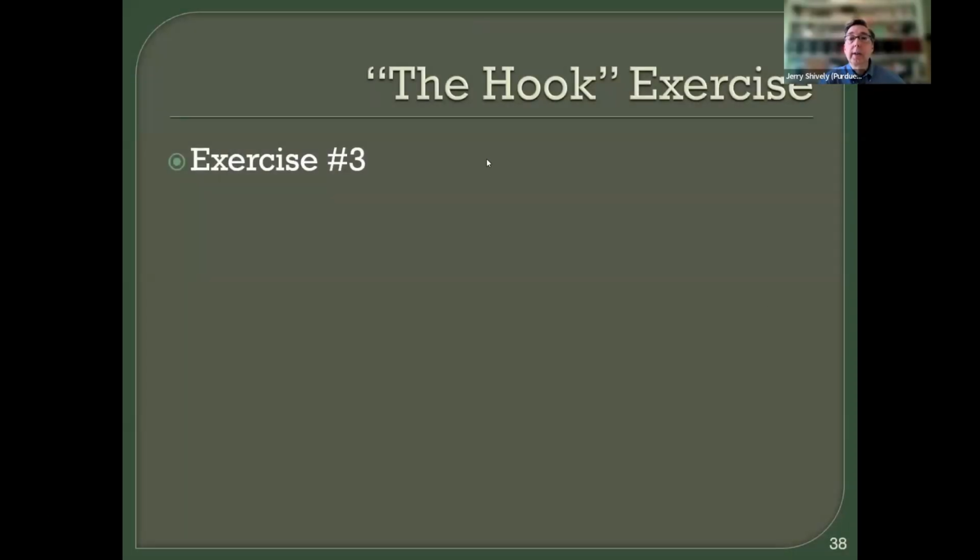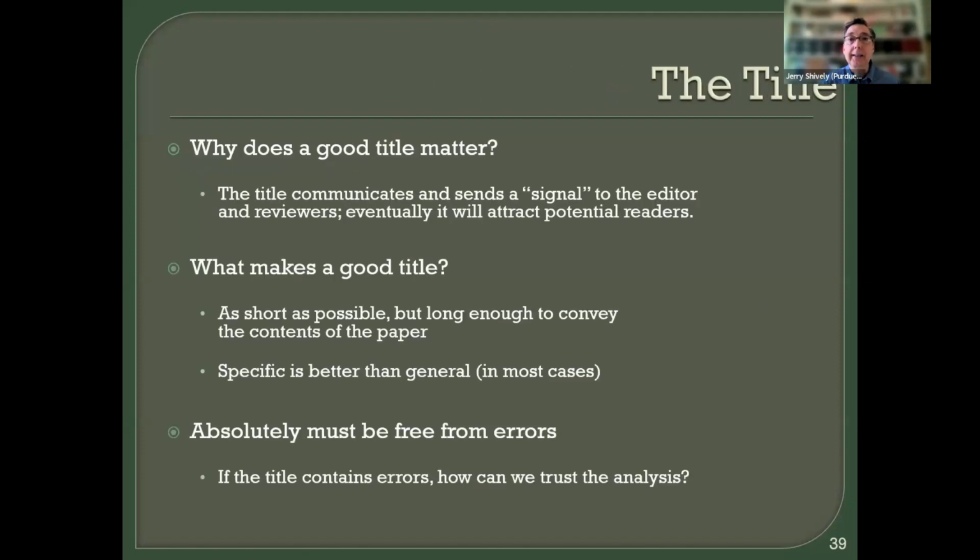I want to spend a little bit of time. We have about 15 minutes left, and I'd like to talk about titles and abstracts. In my experience as an editor, I found titles to be extremely important because titles communicate very, very quickly to the editor and to the reviewers what the paper is about.